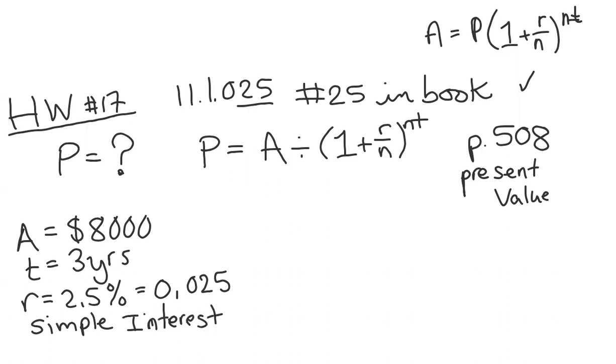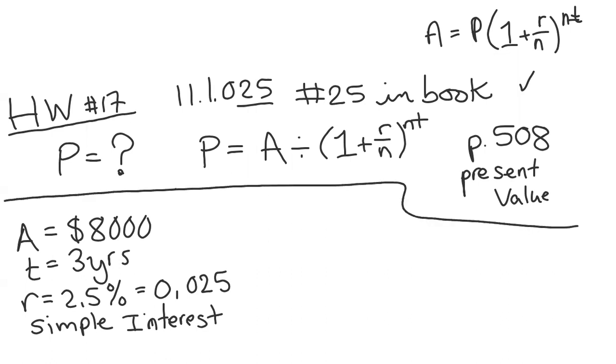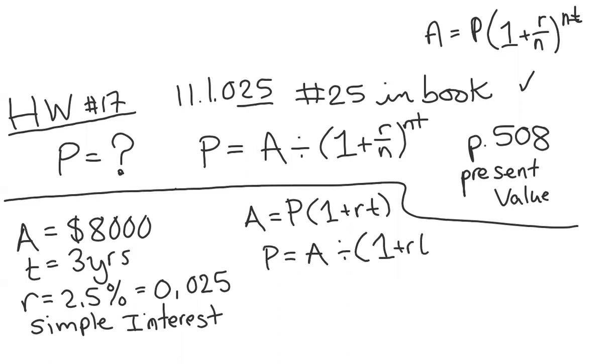Which for us, then we don't even use this formula yet, right? Simple interest was A equals P times (1 plus rt). And so here, our present value is going to be A divided by (1 plus rt).